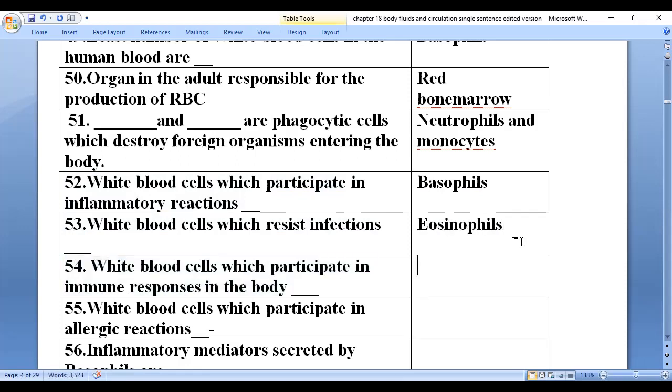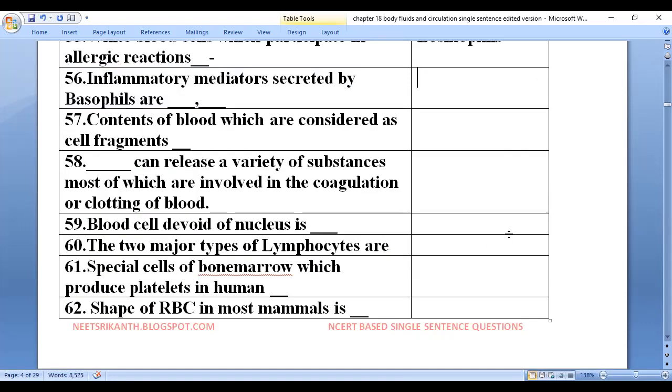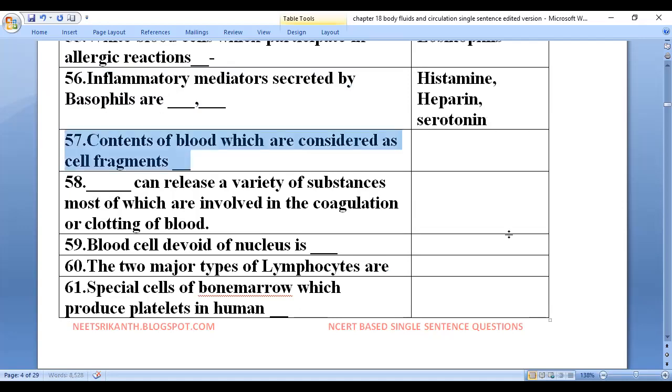White blood cells which participate in immune responses of the body, lymphocytes. White blood cells which participate in allergic reaction, eosinophils. Inflammatory mediators secreted by basophils are histamine, heparin, and serotonin.